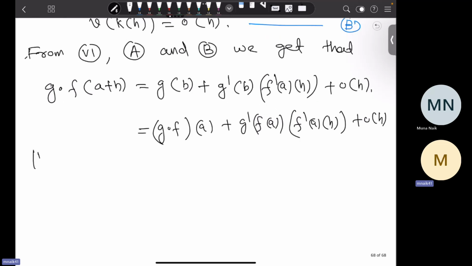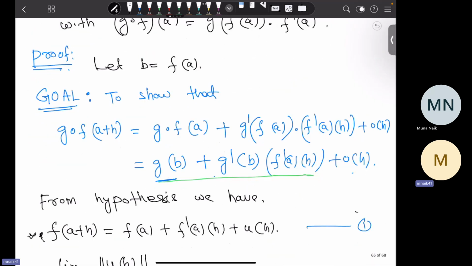Hence G composition f is differentiable at a, and this is what we wanted to prove.